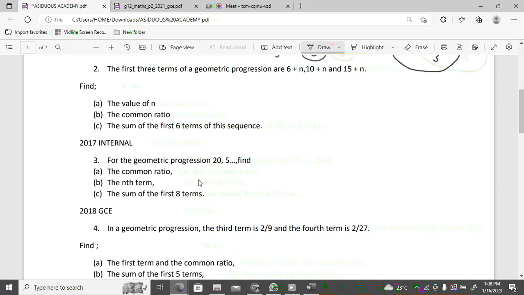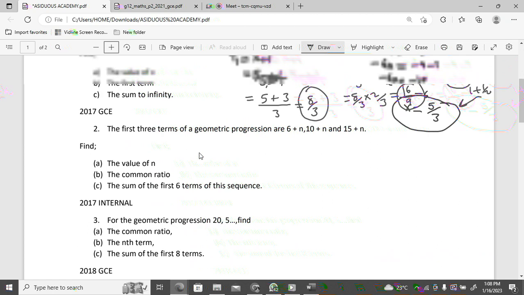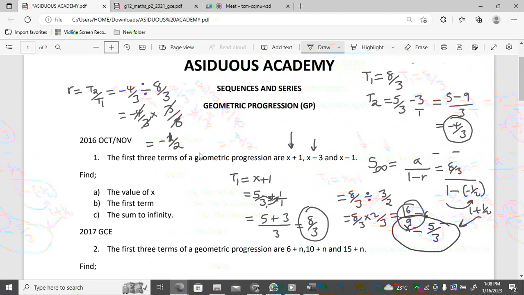The first three terms, yes. After you say 15 plus n, you're supposed to be 10 3 after the second 10 2. Where? This one, 15 plus n, yeah. So it has to be 10 3.